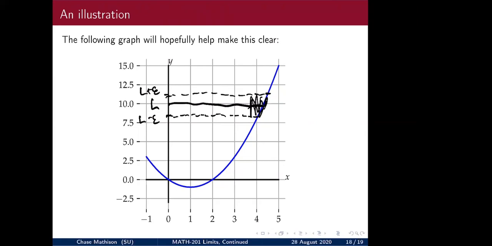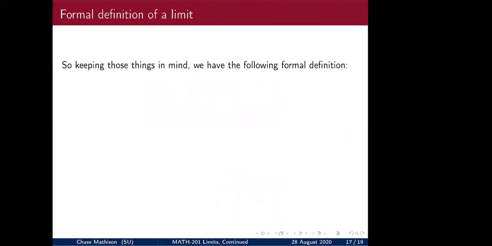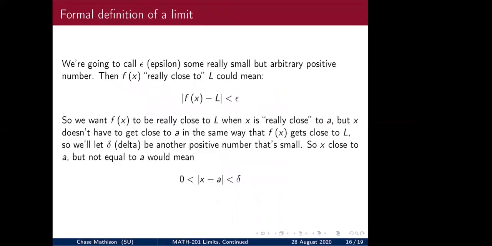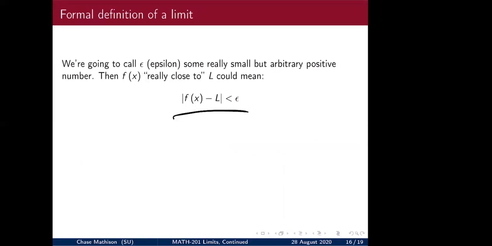So that's what that means. F of x is close to L means the absolute value of f of x minus L is less than epsilon, okay? So are there any questions? Sorry, I should have put that slide right after. Are there any questions about why this is what we mean by f of x is close to L?